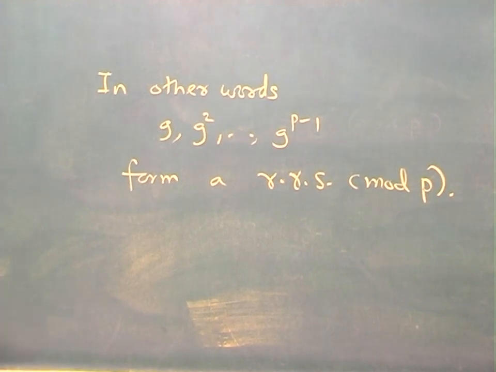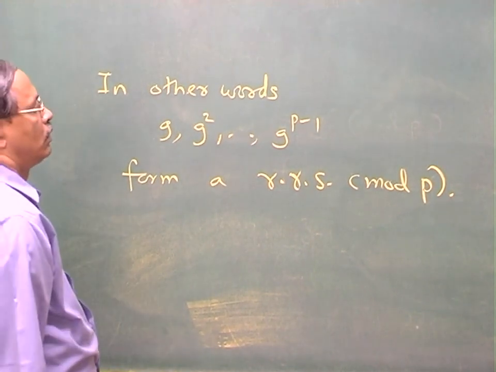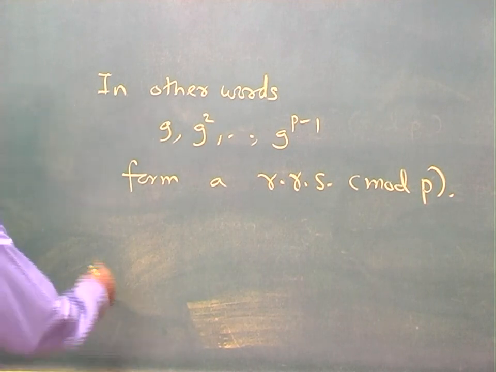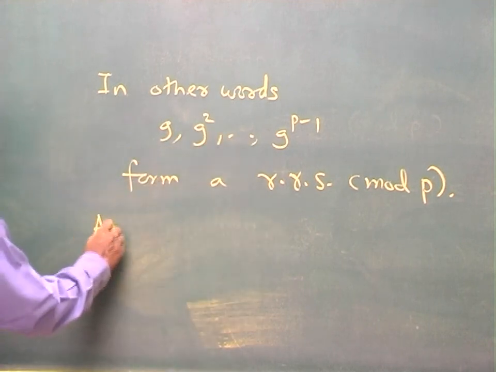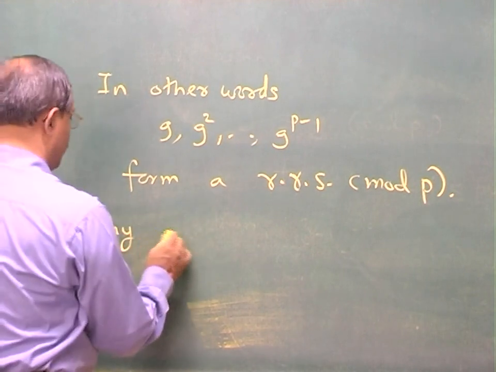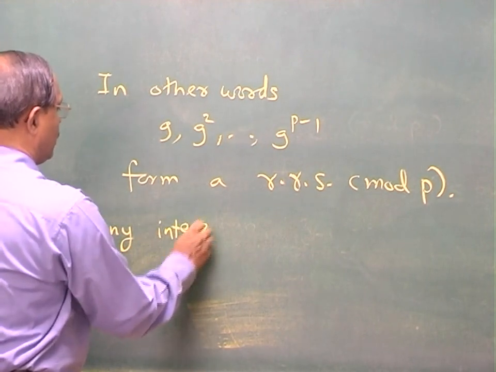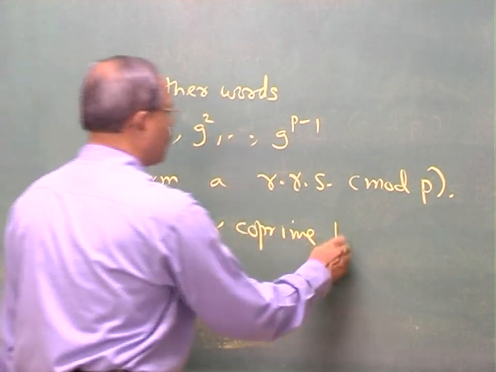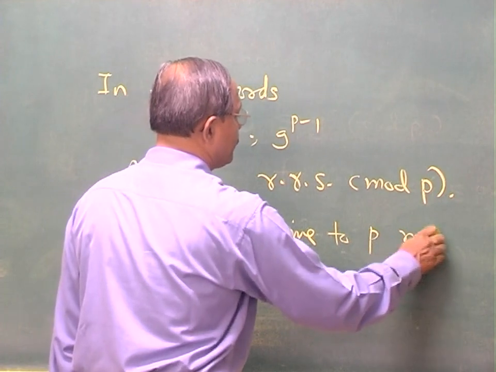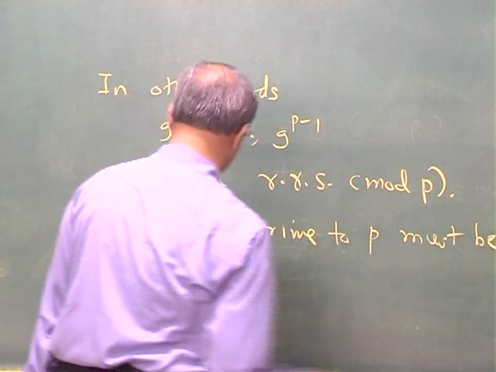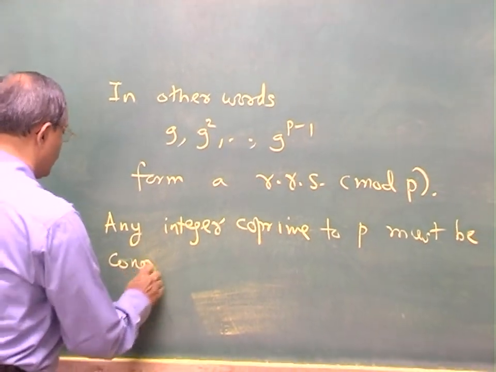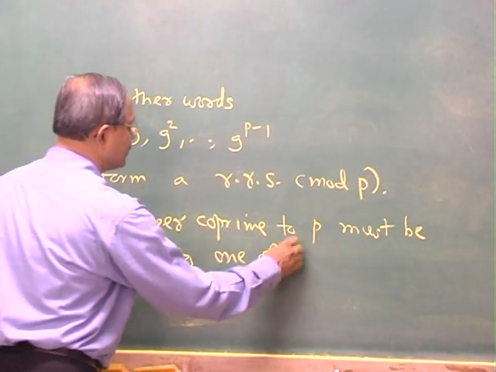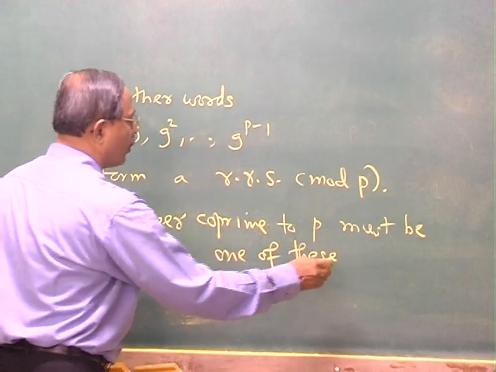Any integer coprime to p must be congruent to one of these mod p.